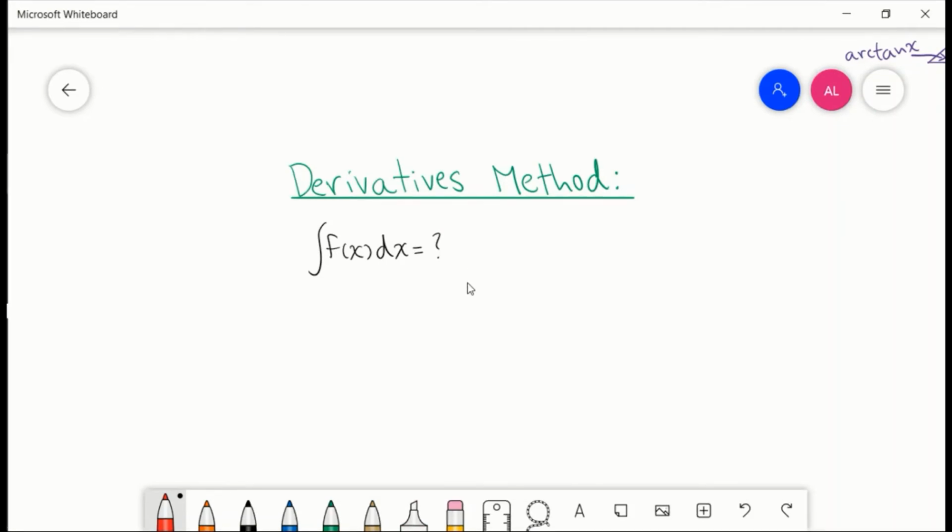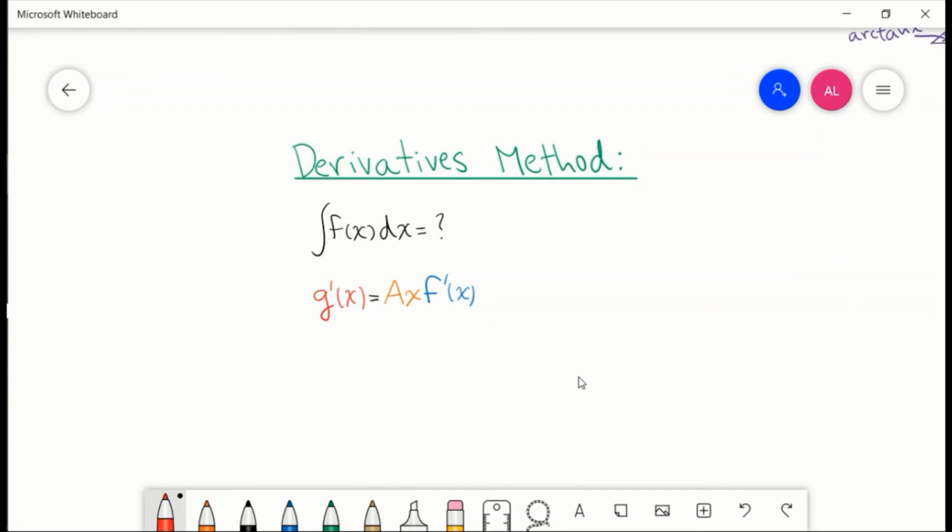So for this derivatives method, basically the first thing we do is we hope there is a function g of x such that its derivative is equal to a constant a times x times f prime of x, where once again f of x is the function whose integral we are trying to evaluate in the arbitrary case for this method.